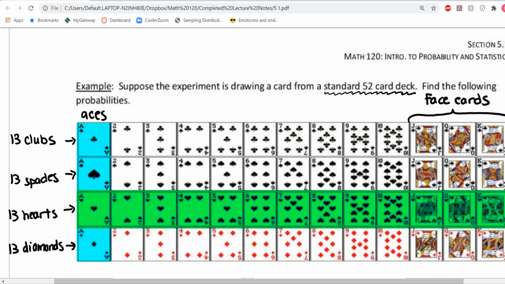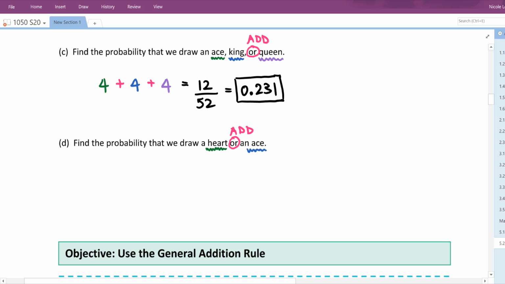Since they're not disjoint, I can't use the rule that we've been using, because that rule only works for events that don't have anything in common. So at this stage, we're not able to do this problem.